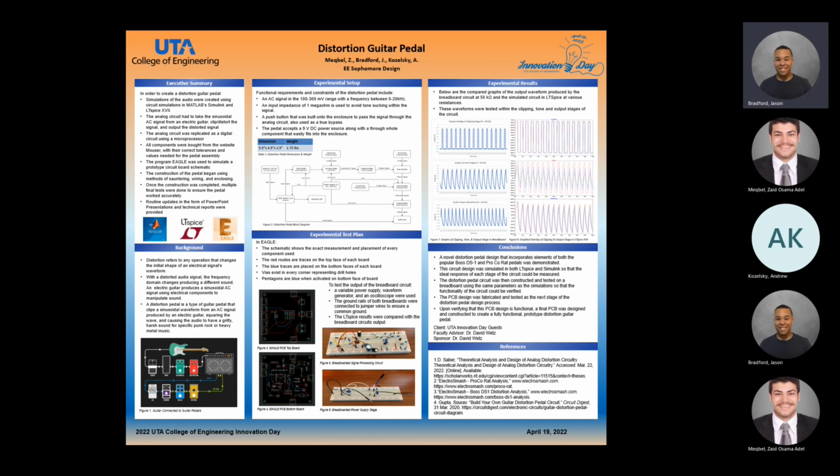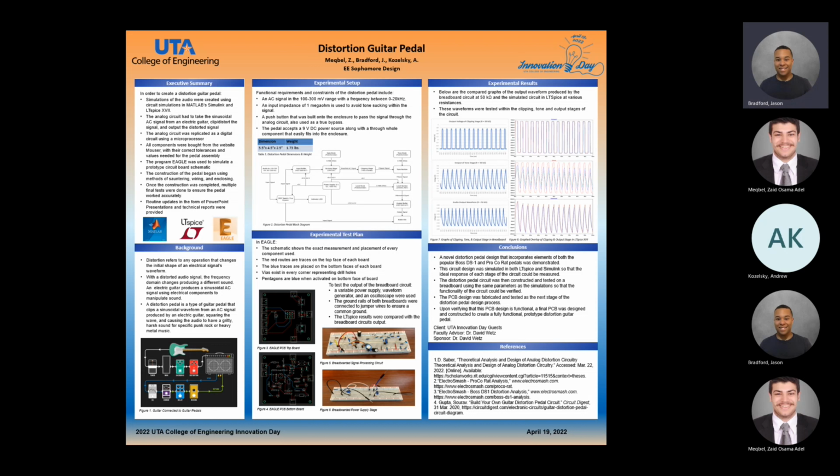All right. So for the design process of the distortion guitar pedal, we started using LTSpice and MATLAB Simulink. This was to simulate a circuit that used the input and output buffers of the Boss DS1 distortion pedal, and then use the gain, level, and tone stages in the Pro Co RAT distortion pedal.